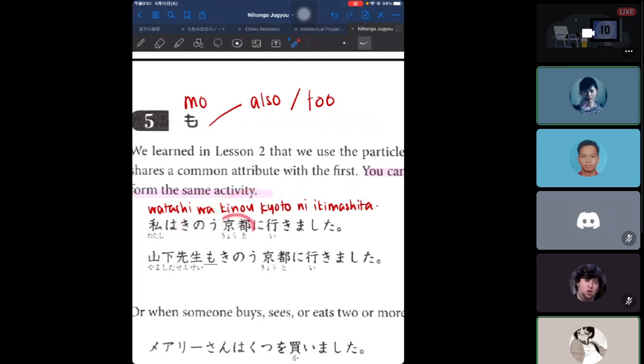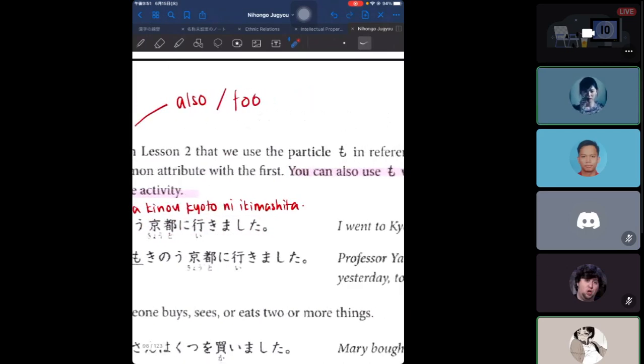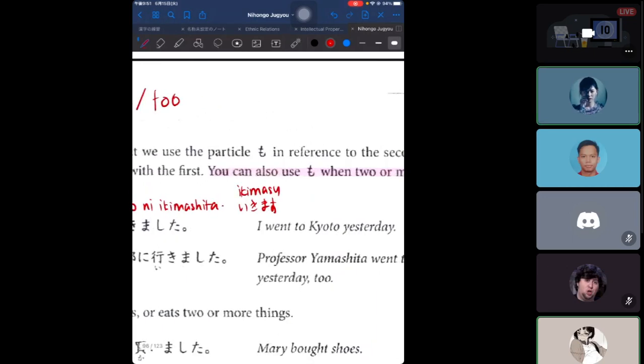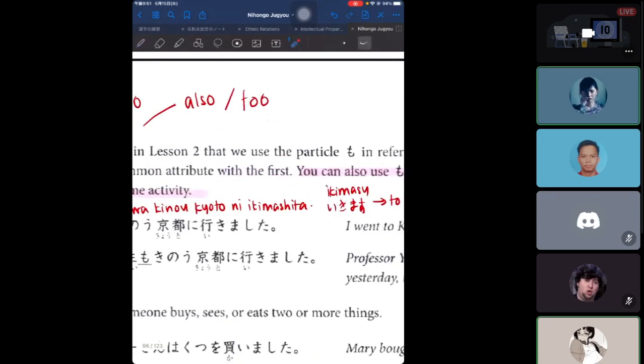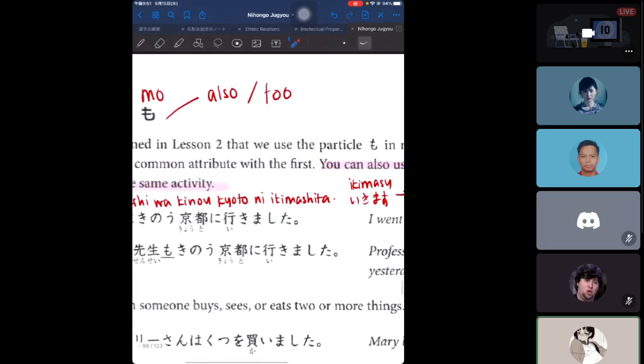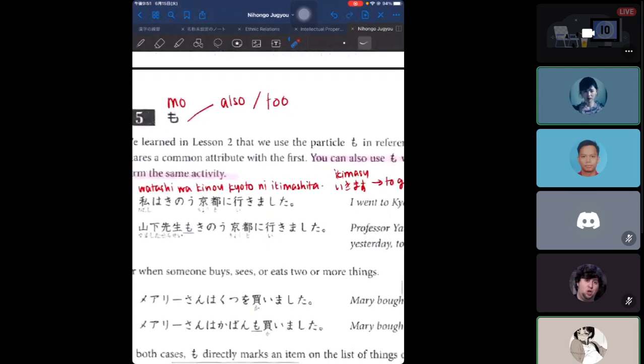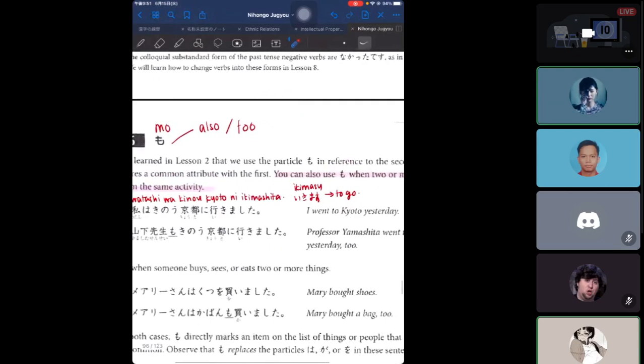And then 京都 of course is a place name. 京都に行きました. 行きます is the word for to go. But since it's in the past tense, 行きました means went. 行きません. So basically this person says I went to Kyoto yesterday.